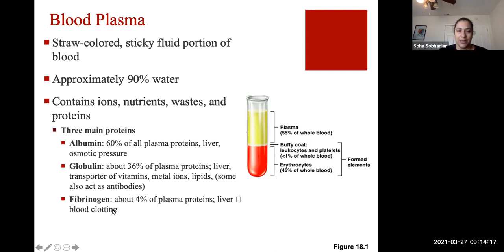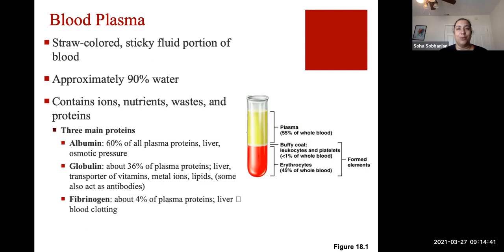So albumin is going to be basically 60% of your plasma protein. Globulin is the second most common one, it's about 36%. Fibrinogen is the least, but it's still important. It's about 4% of your plasma proteins.